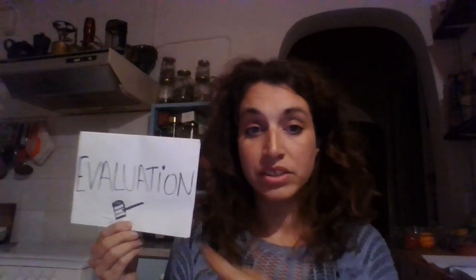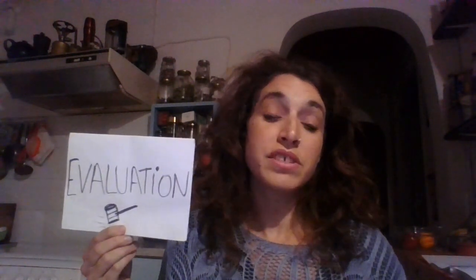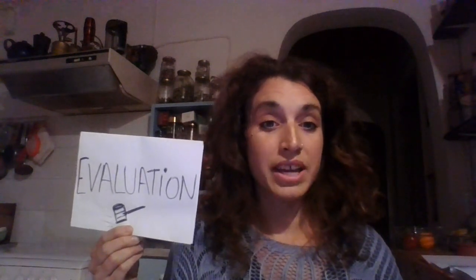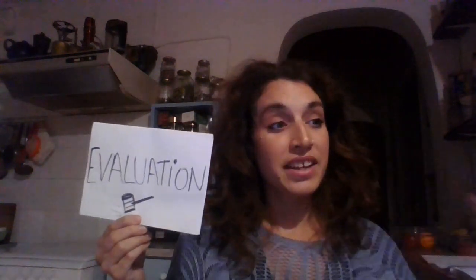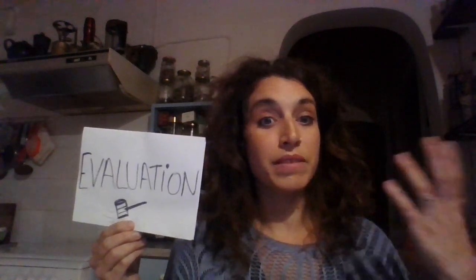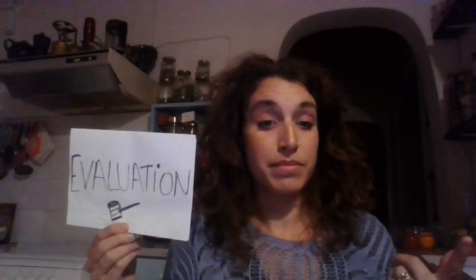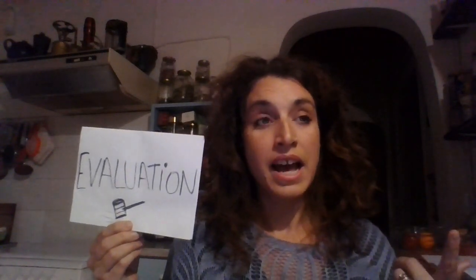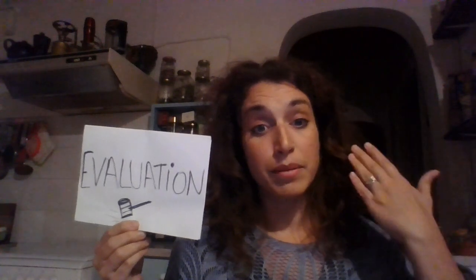Okay, that's my evaluation. Another one could be, well, now you're just ignoring me. Again, I've seen someone behaving in a certain way. Maybe they've said something or they've done something or they're not saying something or not doing something. And I've come to the conclusion or the assumption that that means they're ignoring me.